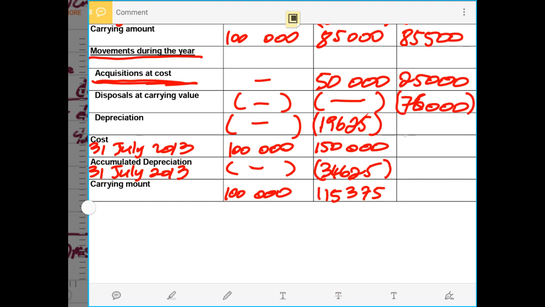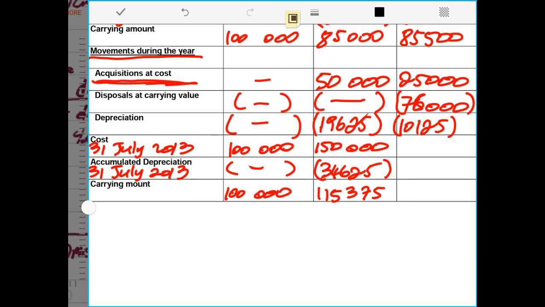So now this will be an amount of 10,125 rands being the depreciation for the current accounting period for all the equipment. And make sure that the depreciation is always negative. Don't let that change.